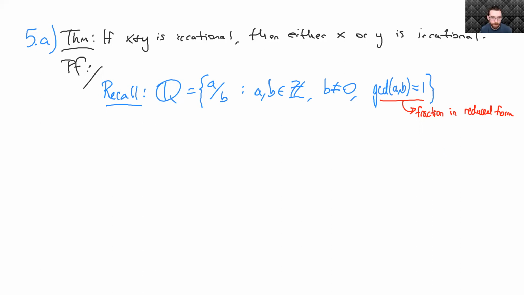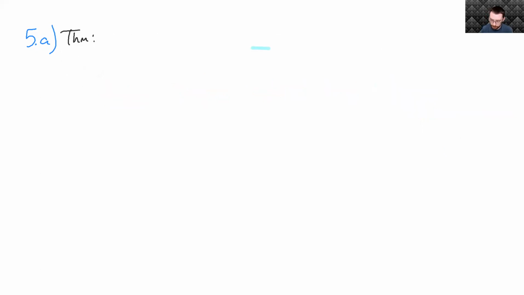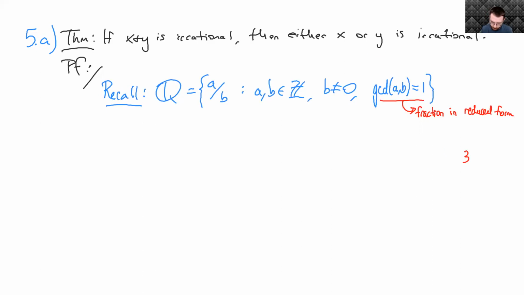Well, if x plus y, oops, I don't have my eraser on. We're trying to prove this statement, and I'm going to claim rational numbers are easier to work with than irrational. This isn't part of my proof, just noting this to myself.